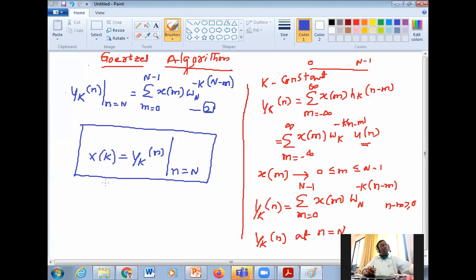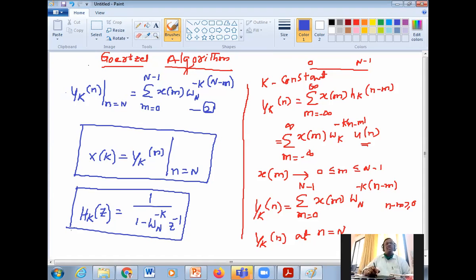If I want to write it in terms of the filter impulse response, then hk of z equals 1 divided by 1 minus wn to the power minus k into z inverse. This is the transfer function, the filter response of hk of n.